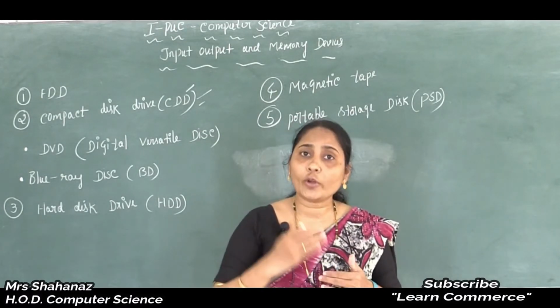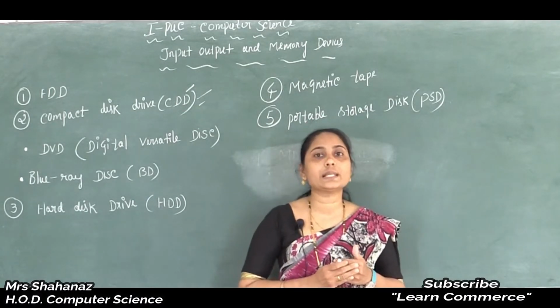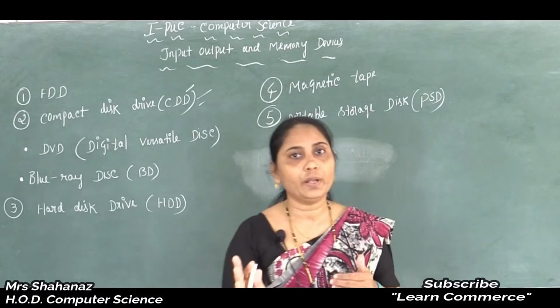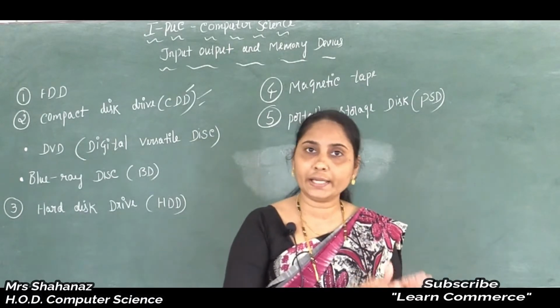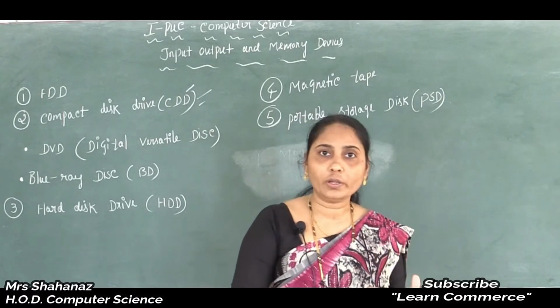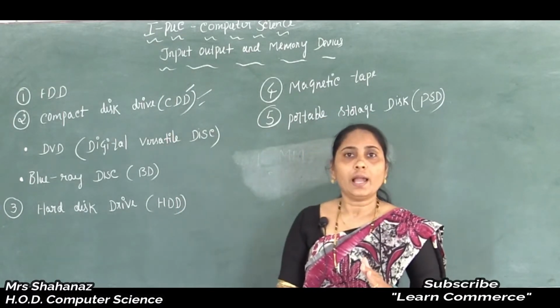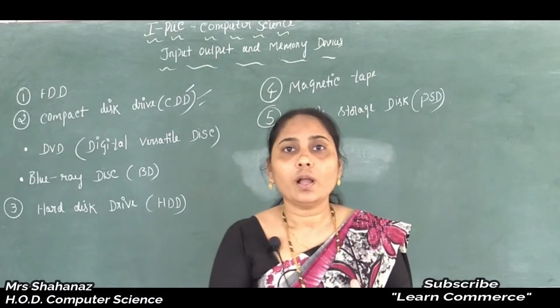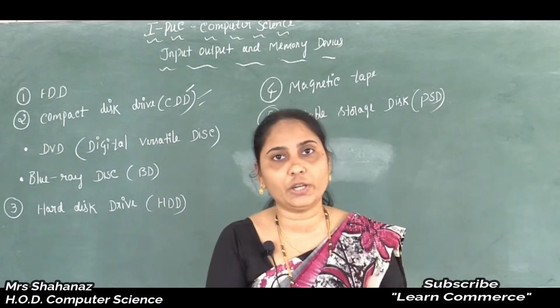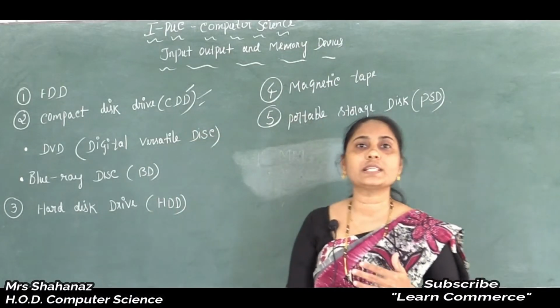While adding data, we use a laser. The laser is a red laser beam. So the CDD uses the red laser beam to record and read data on this type of disk. Now, how much information can we store by using a device like our CDD?